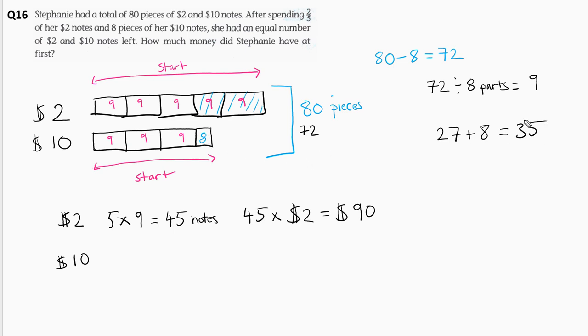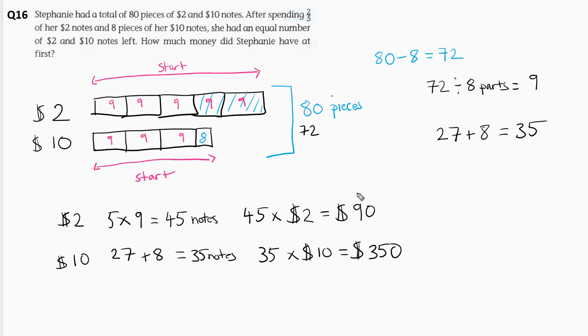So we've got 27 plus 8 equals 35 notes. And 35 notes times the $10 value gives us $350 in value.